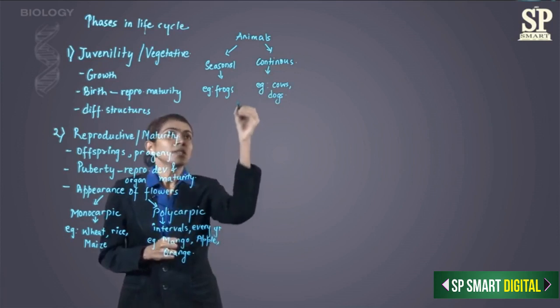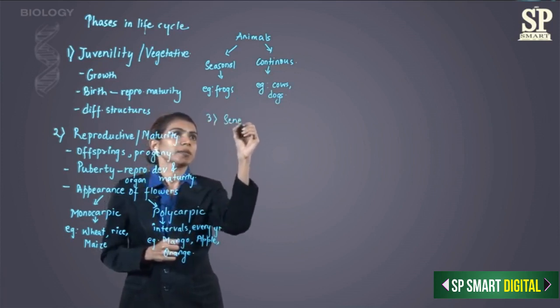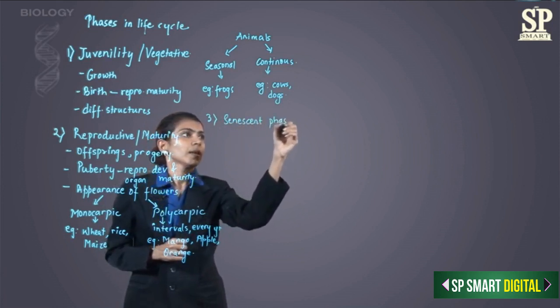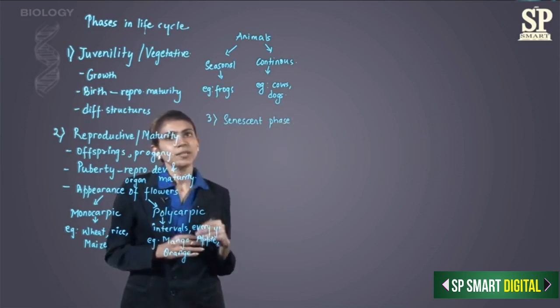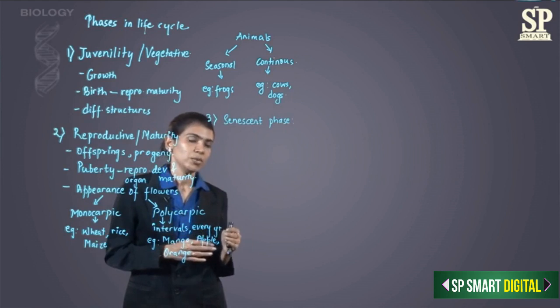Coming to the next phase of life cycle, or the last phase, that is the senescent phase. The senescent phase begins at the end of reproductive maturity and it extends to death.